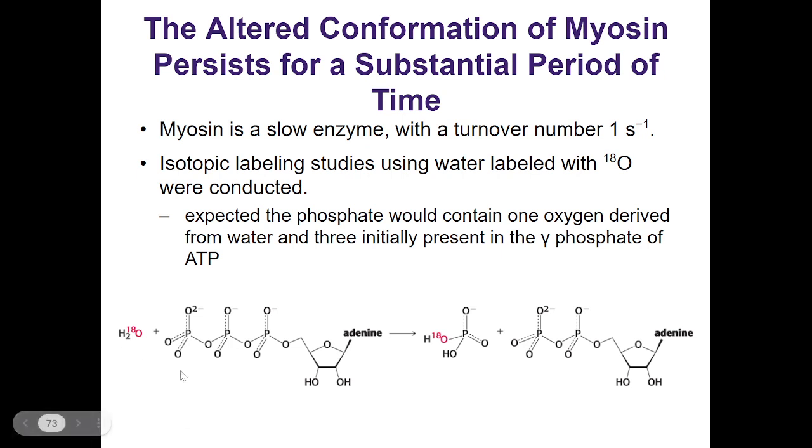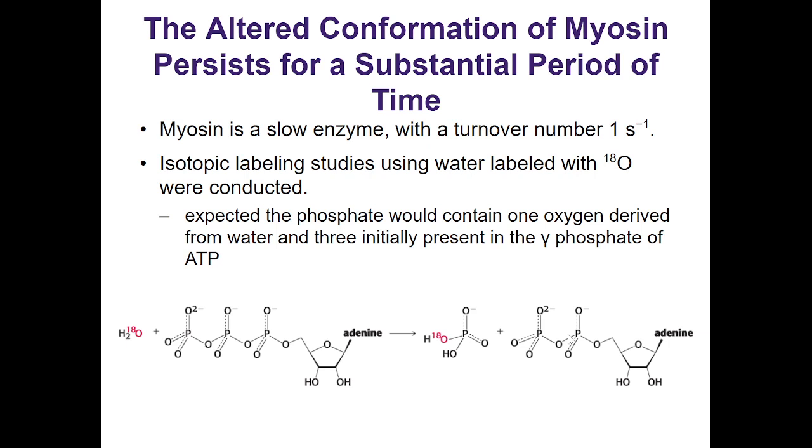And that's what that looks like. So we have the isotopically labeled O18 water, isotopically enriched water. This is going to attach to the phosphate here. And what we're seeing is a hydrolysis of this phosphate, which leaves you with the ADP.